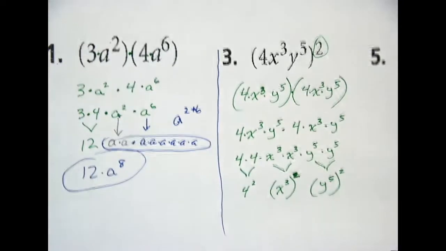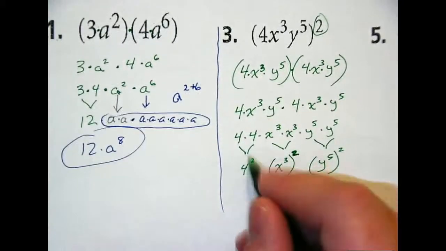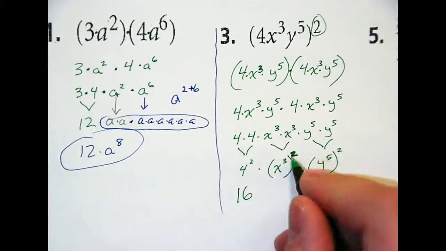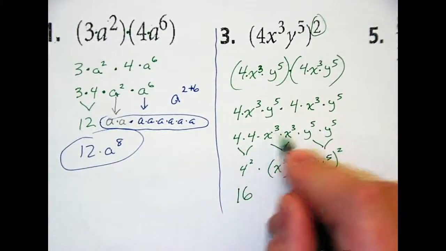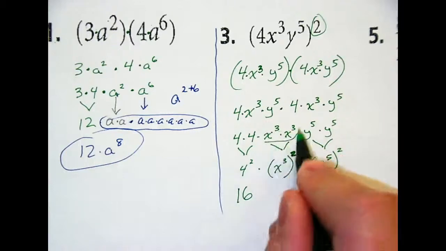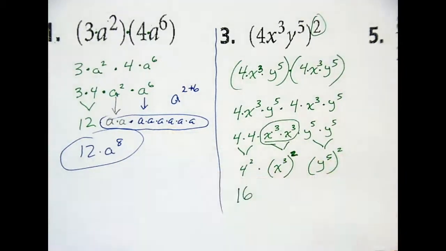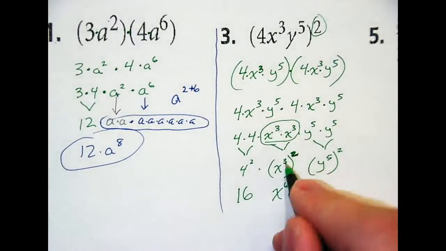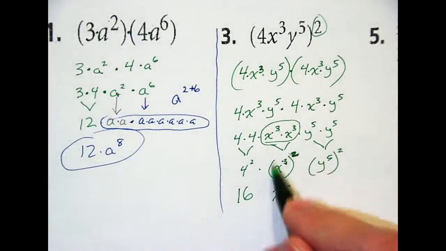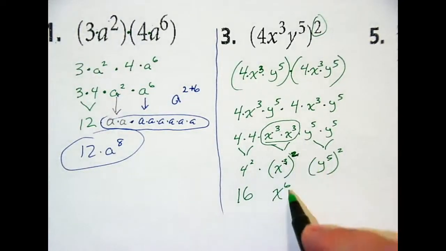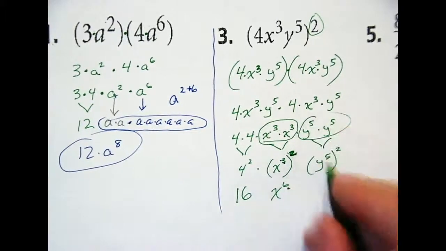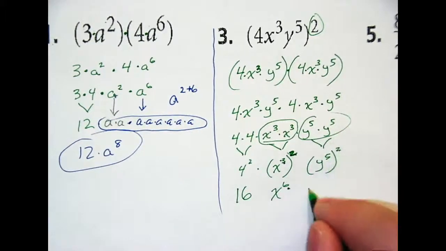Now many of you are like, why are you writing it like that? 4 squared is 16. X cubed times x cubed is x to the... Go back up here. This is x to the 6th. We just did that over here. That's x to the 6th, which would imply that this is, how do you do a power outside parentheses? Multiply them. Okay, and this is y to the 10th, which is 5 times 2, or y to the 10th.